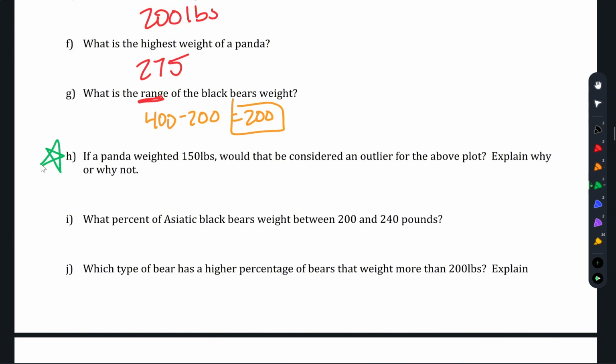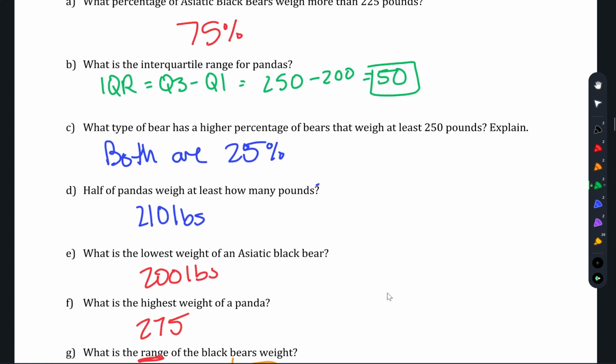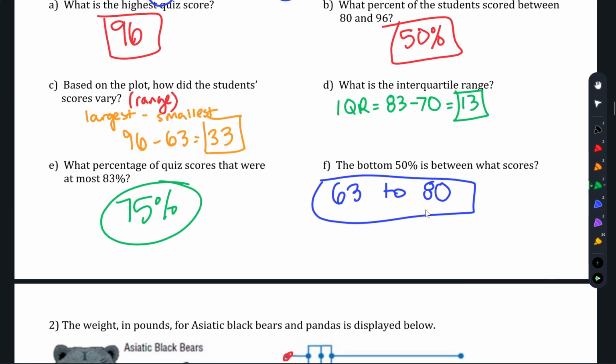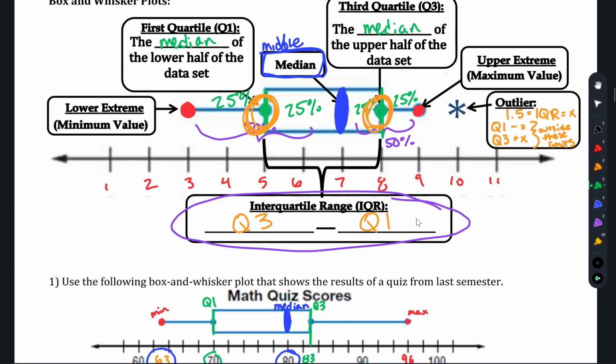Now this one I want you to star. Now we're going to talk outliers. We kind of talked about it in the definition section. Let's really get into it. This says, if a panda weighed 150 pounds, would that be considered an outlier for the above plot? So we're looking strictly at pandas, the bottom one. I'm going to scroll back up in our notes so we can see our notes about outliers.